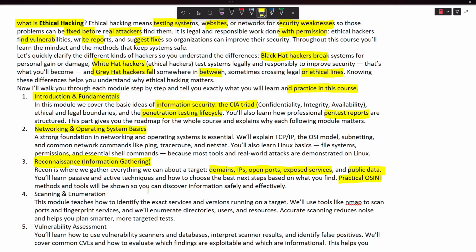We use different methods, for example OSINT methods and some other methods that we will be learning. Definitely tools are involved in this process in order to perform the recon on the targets.